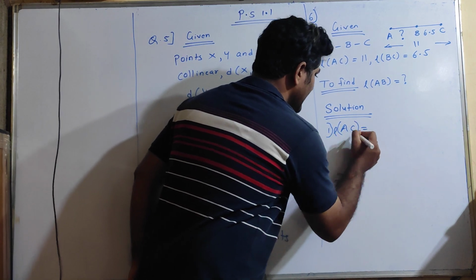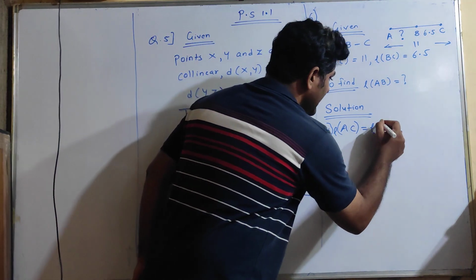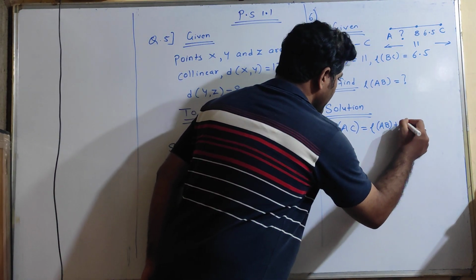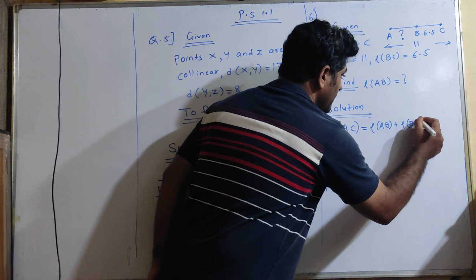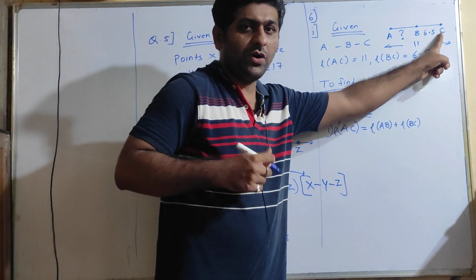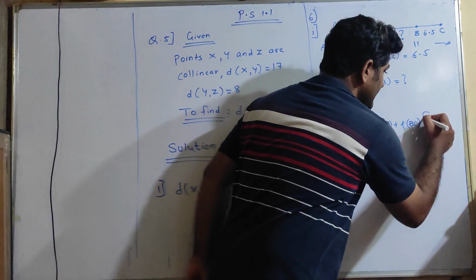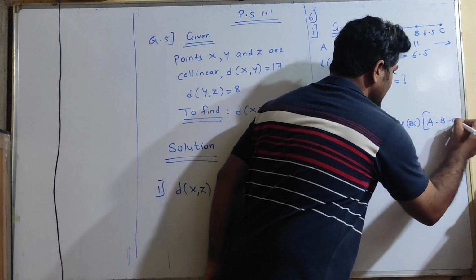AC, that is length of AC, is equal to length of AB plus length of BC, right students? Because here AC is made up of two parts, AB and BC. Bracket, reason will come: a dash b dash c.